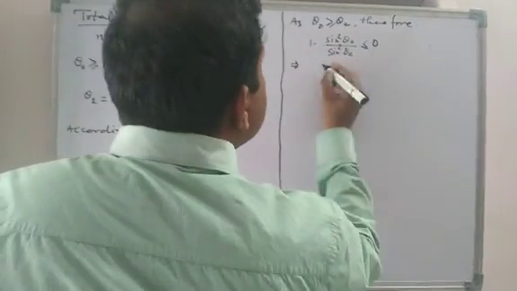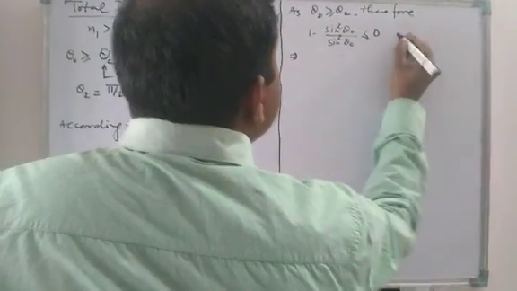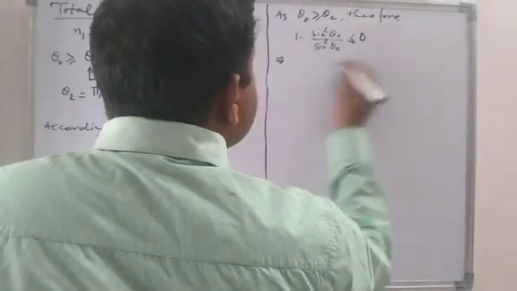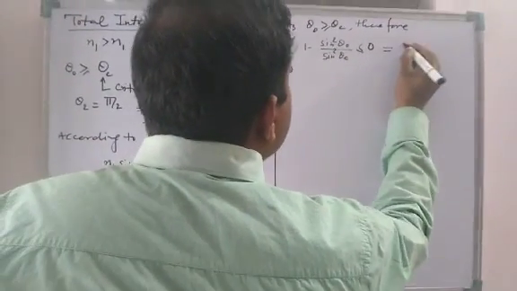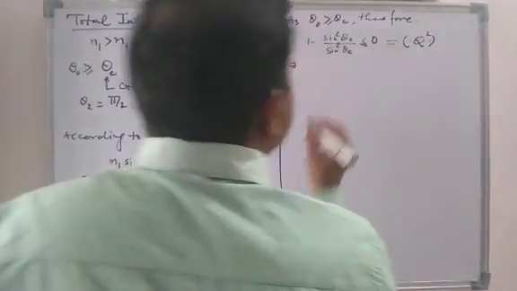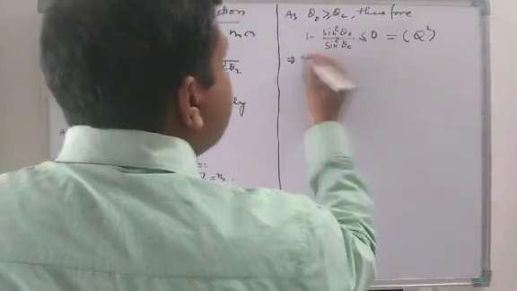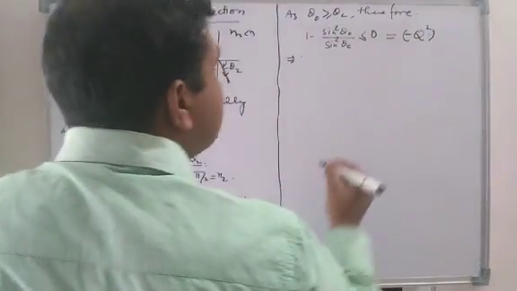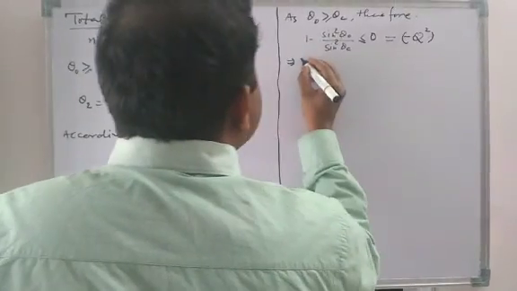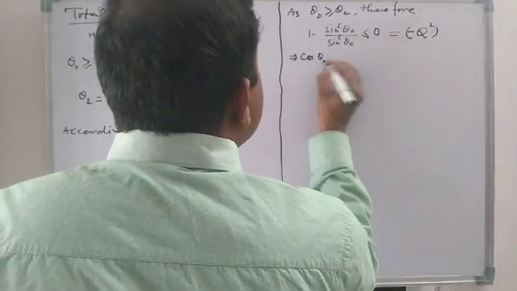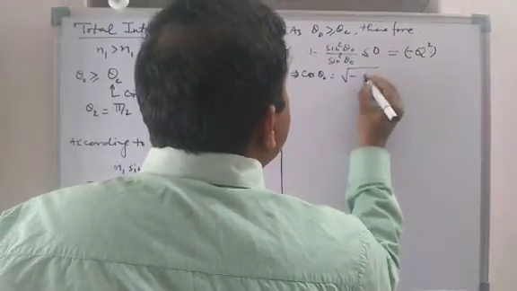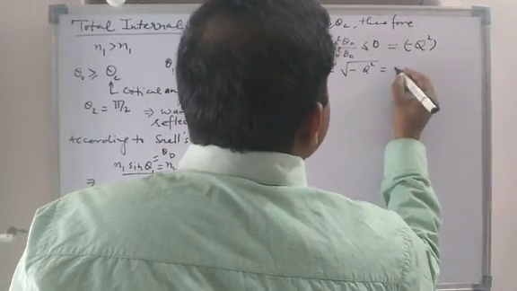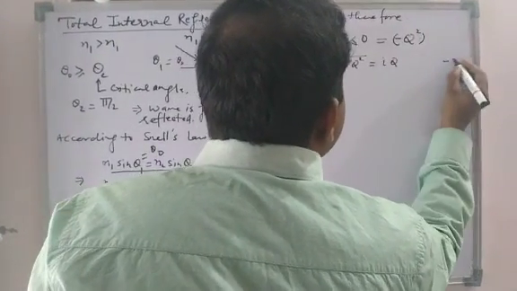So that means, let's say this is minus q square, and this implies that cos theta 2 is going to be the square root of minus q square, which is i times q.